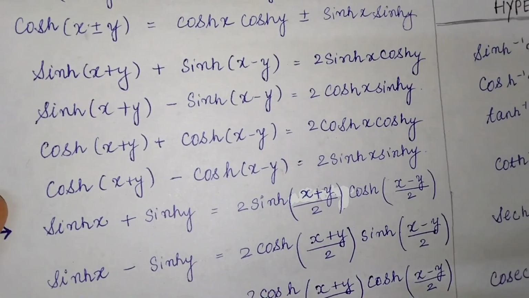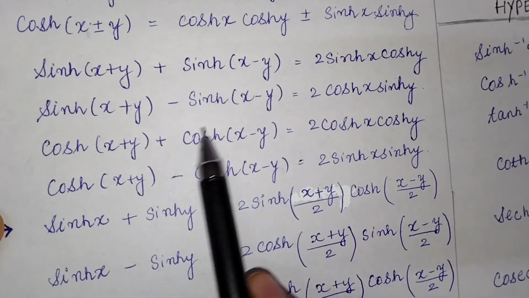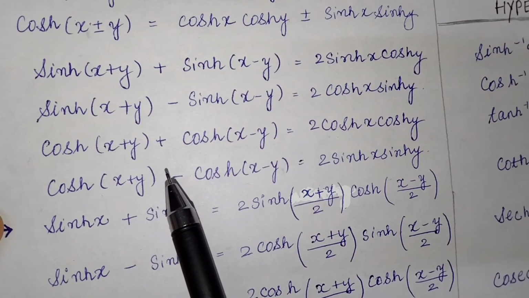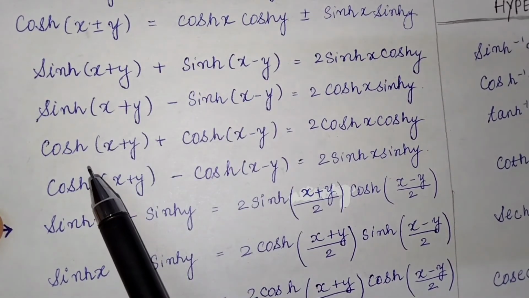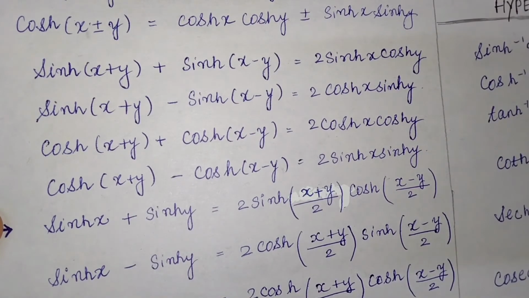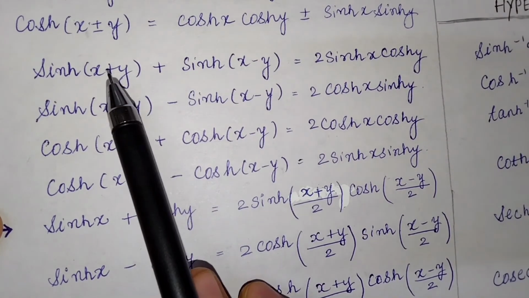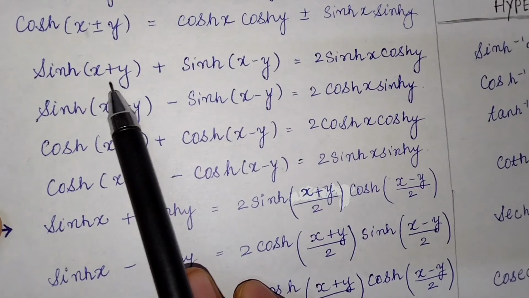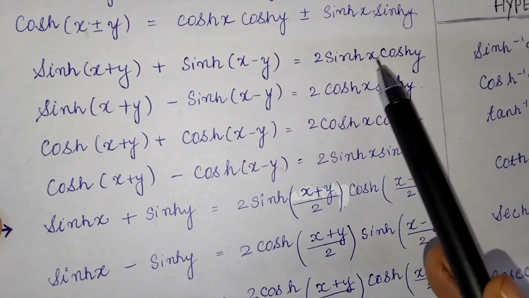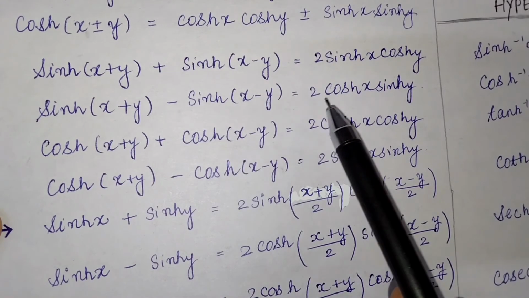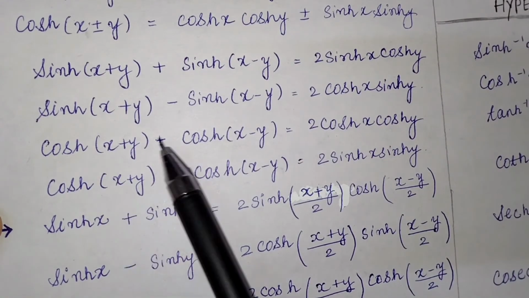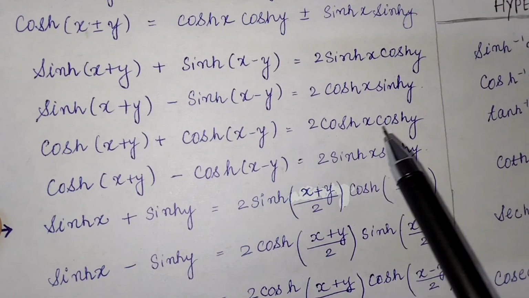And by seeing this formula, you can remember that this is the form of sine plus sine, sine minus sine, cos plus cos and cos minus cos form. So, sine plus sine is equal to 2sc. Similarly, sine minus sine is equal to 2cs. Cos plus cos is equal to 2cc.